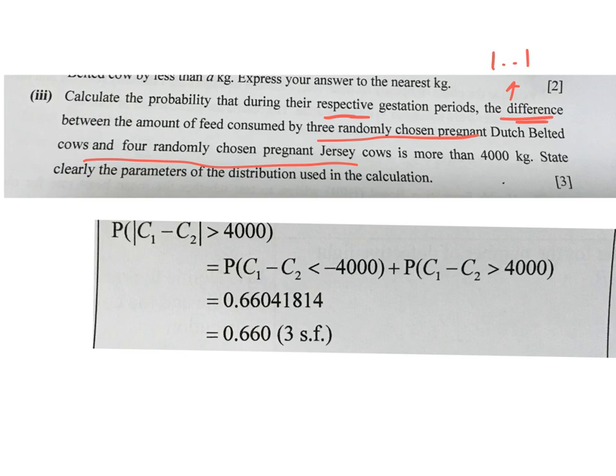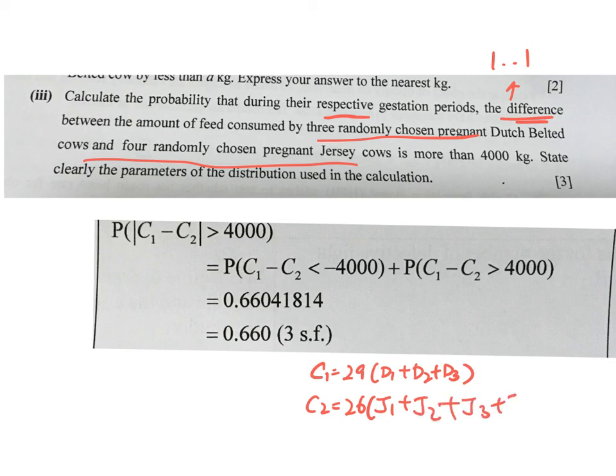Take C1, where each Dutch belted cow eats 29 kg per day, for 3 Dutch belted cows, and then C2 would be something like 26 multiplied by 4 Jersey cows. These are the two variables that you are finding, so you should be using these two to help you.